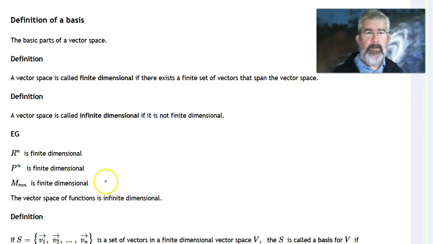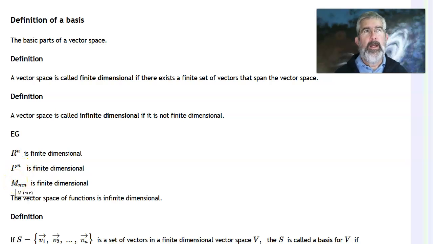Okay. Some examples. Rn is finite dimensional, right? You can think about a spanning set for, let's just say, R2. You could use what we call i and j: (1, 0) and (0, 1) span that space. Pn, polynomials of degree n or less.